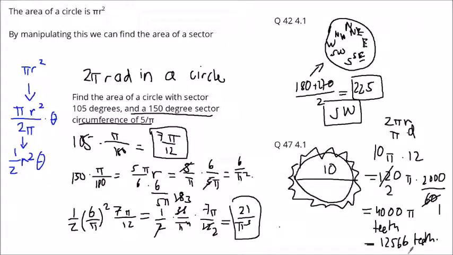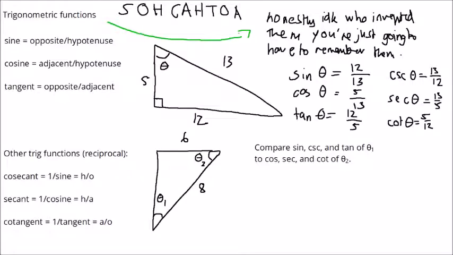So there you go. 12,566 teeth across the surface every single second. It spins at 2,000 rotations per minute. That's pretty impressive. I'm going to be really honest.